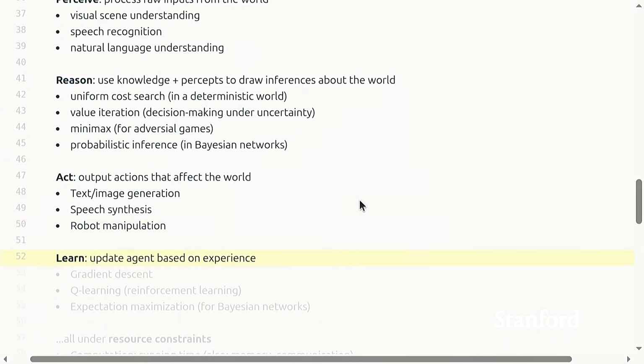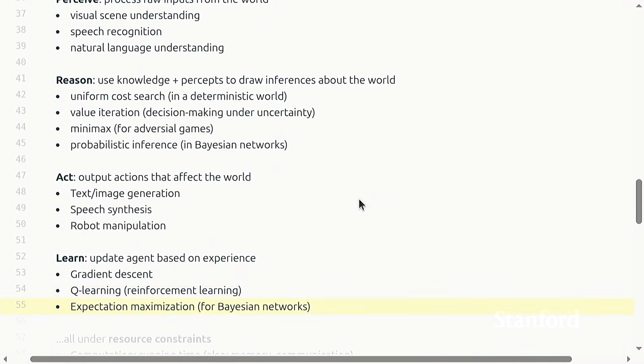And finally, learning. As the agent is proceeding through life, it should be learning from experience. The most simple example of learning, as we'll look at very soon, is gradient descent. When we look at reinforcement learning, we're going to look at a technique called Q-learning.